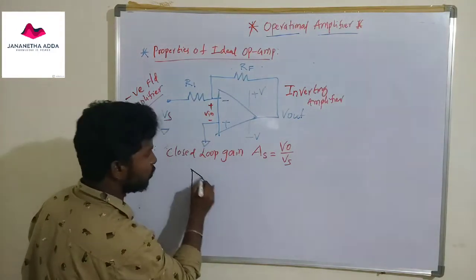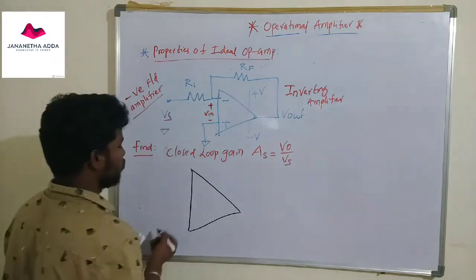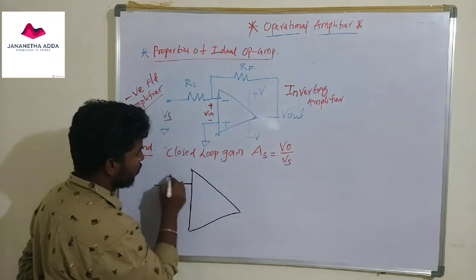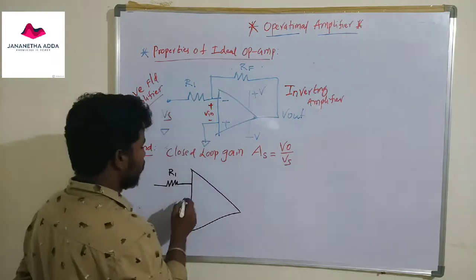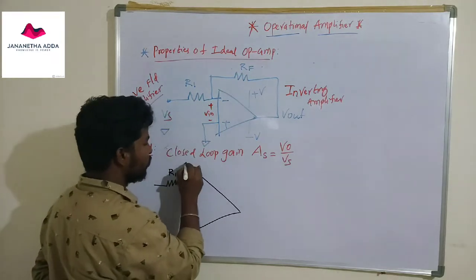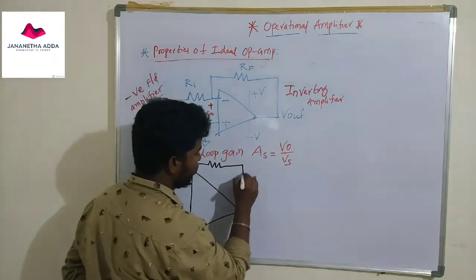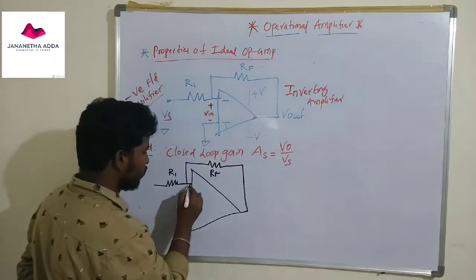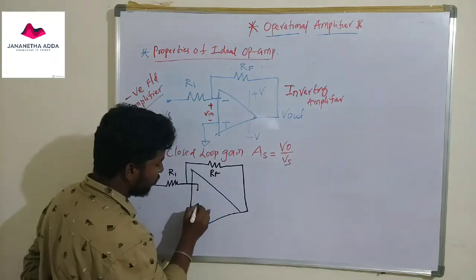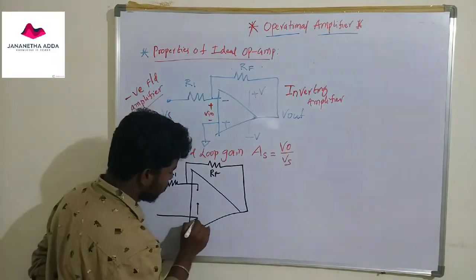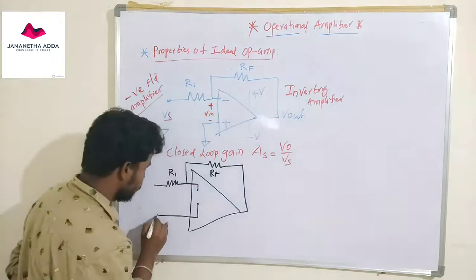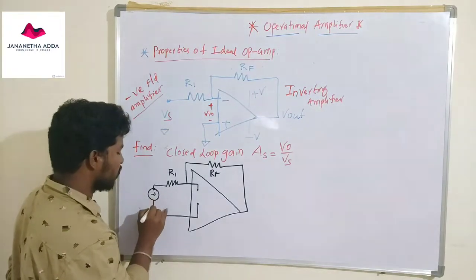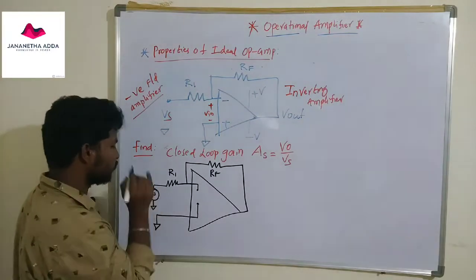So here I am having a resistance R1, which is given to a feedback system of RF. I know that this operational amplifier has an input resistance of infinity, and it is grounded here, and it has a source signal of Vs here.